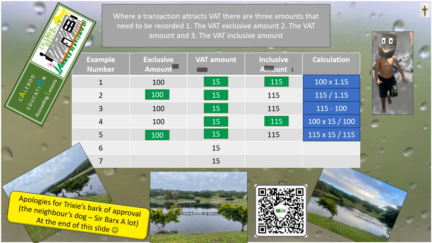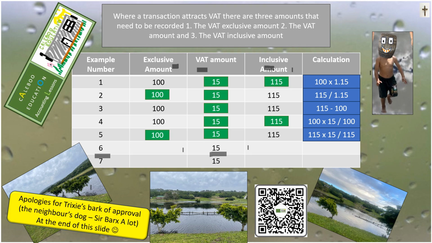And if we look at example number 6, we've got the VAT amount given, 15. Now we can either go back to 100% or 115%.